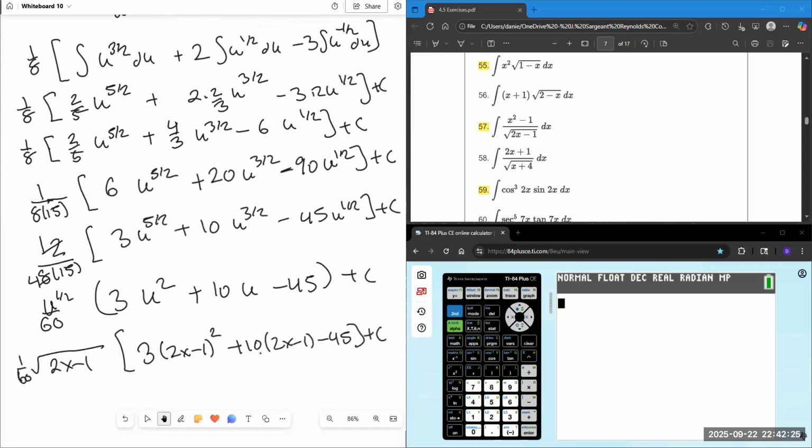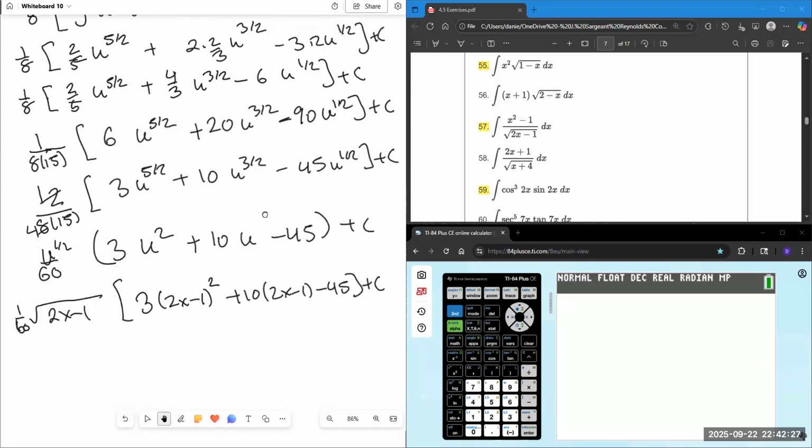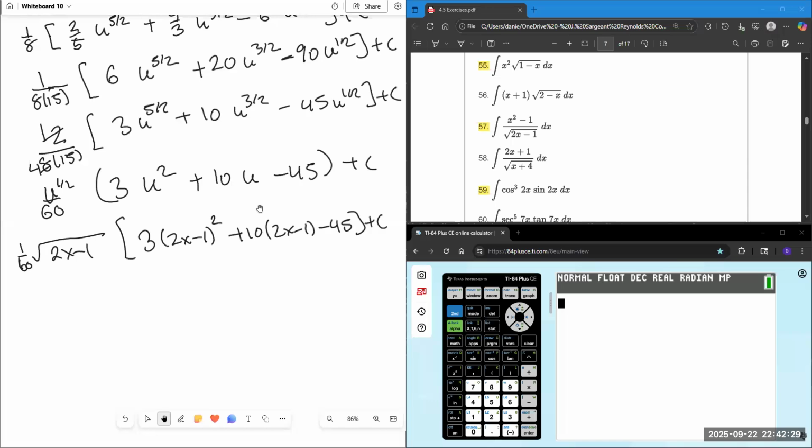I didn't want to lose this. And I need to condense what's on the inside there to combine all my like terms and such.